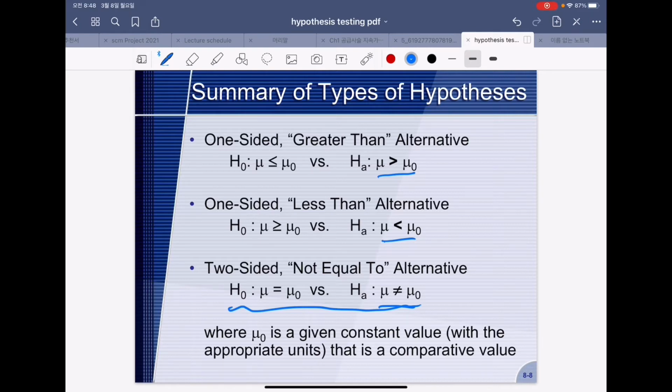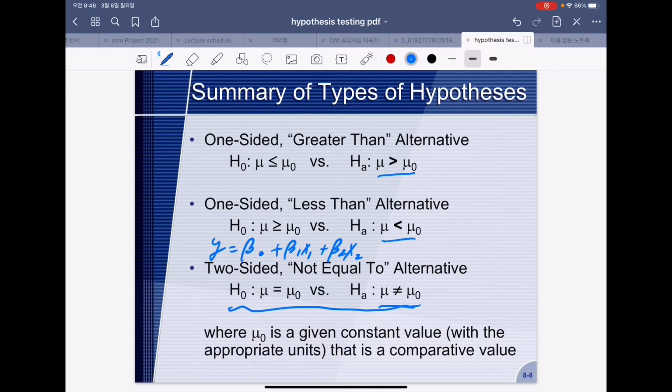This two-sided test is used, for example, in regression. Remember that if you have a regression equation like y is beta 0 plus beta 1 x1 plus beta 2 x2, right? So you want to check whether there is a positive relationship between x1 and y.